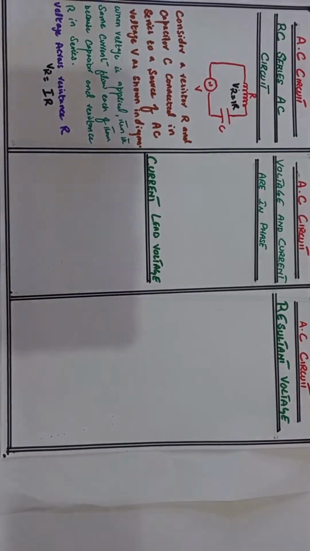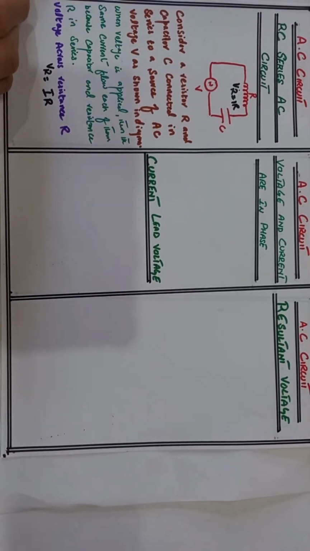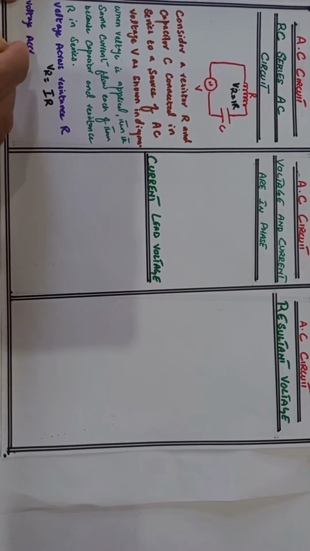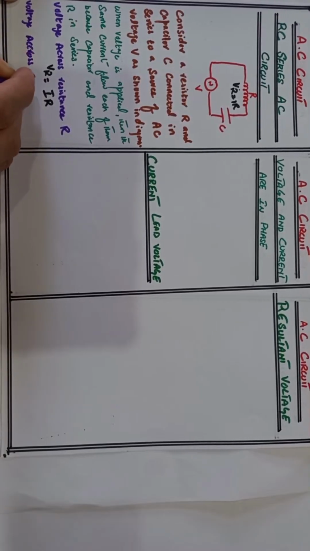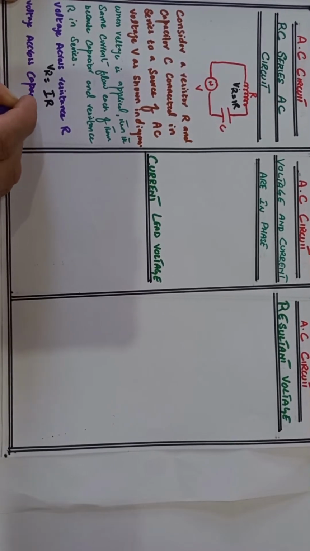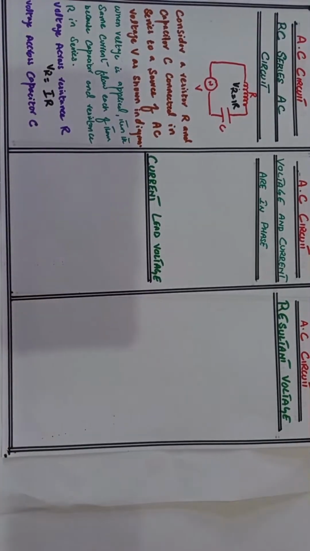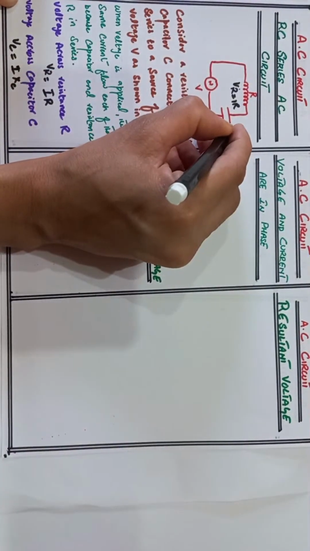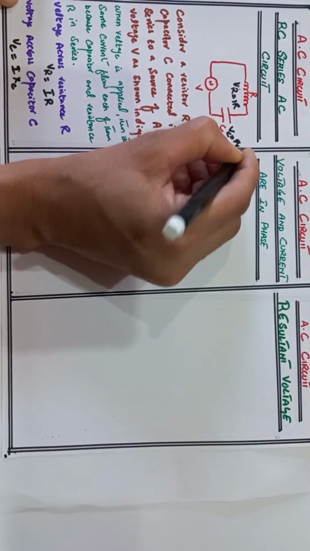Similarly, the voltage across capacitor C becomes VC equal to I XC. That is all about the RC series circuit when we connect in series.